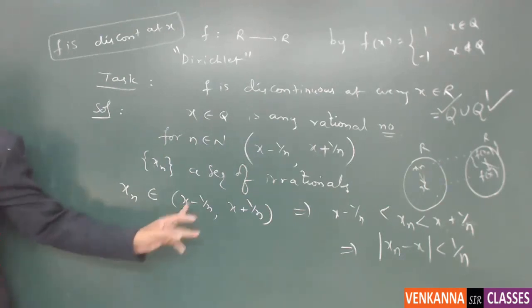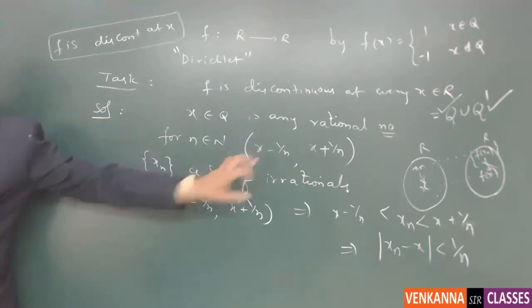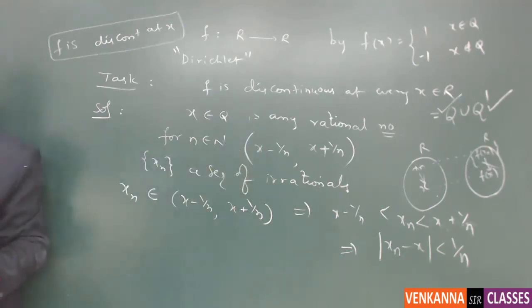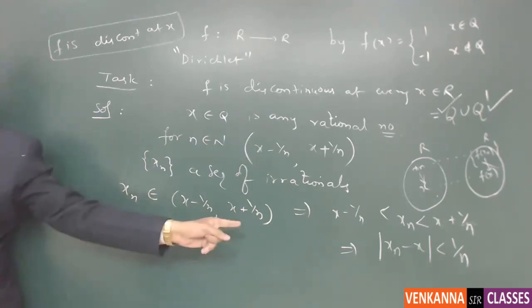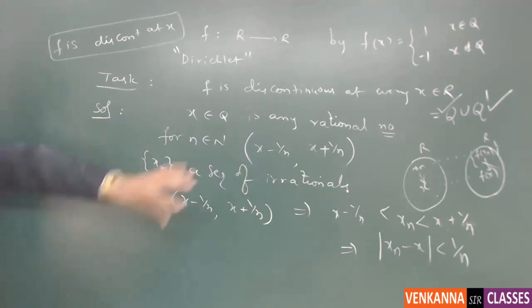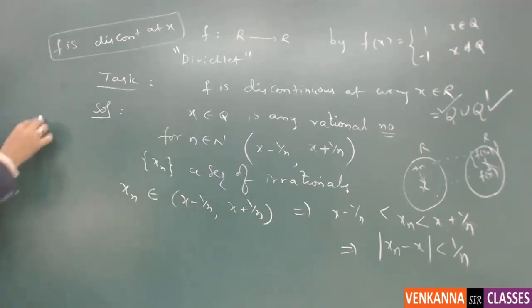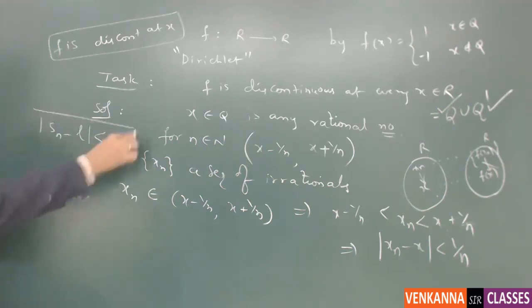You can find a set of irrationals here belonging to this neighborhood. You can find so many. So if you have a sequence of irrationals, you are selecting here, it means the sequence of irrationals are lying between these two values. So if you calculate the distance, it is less than 1 by n. In other words, you can simply correlate with modulus of Sn minus L is less than epsilon.